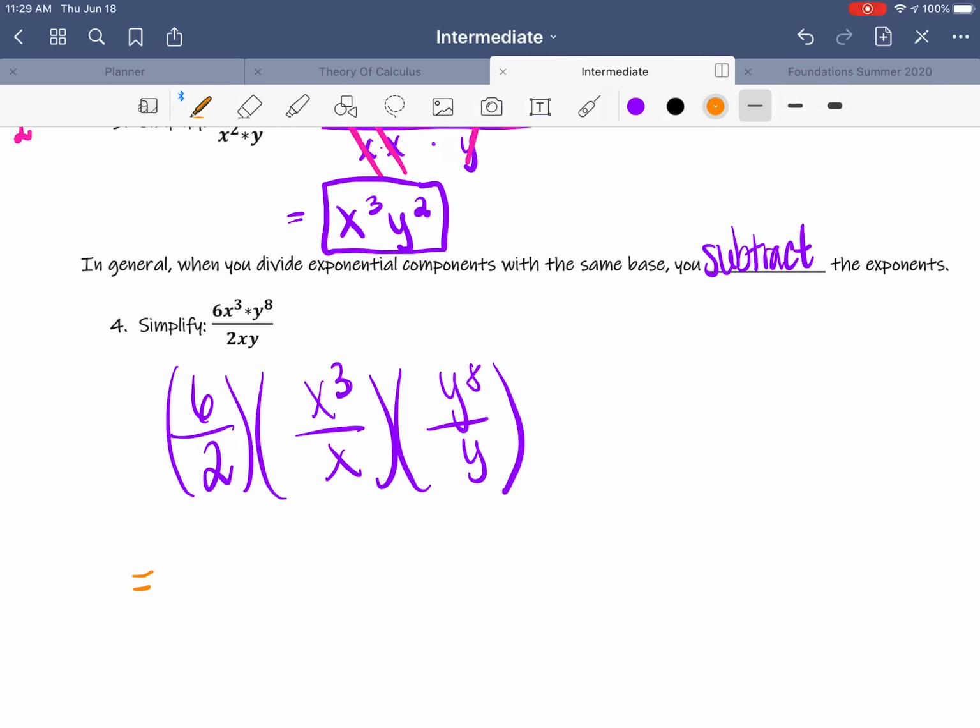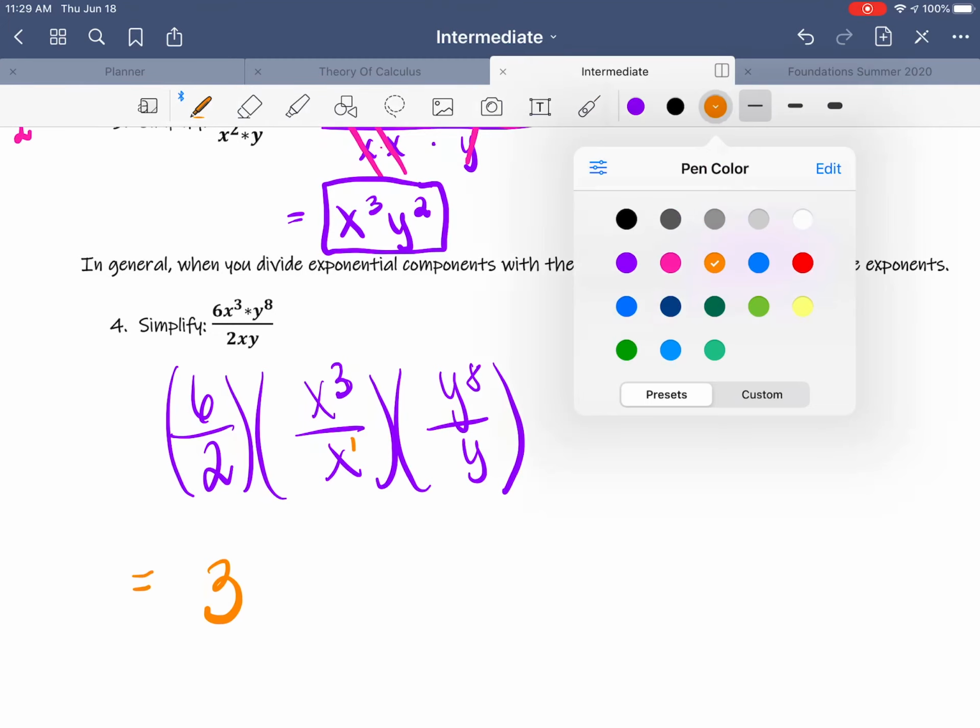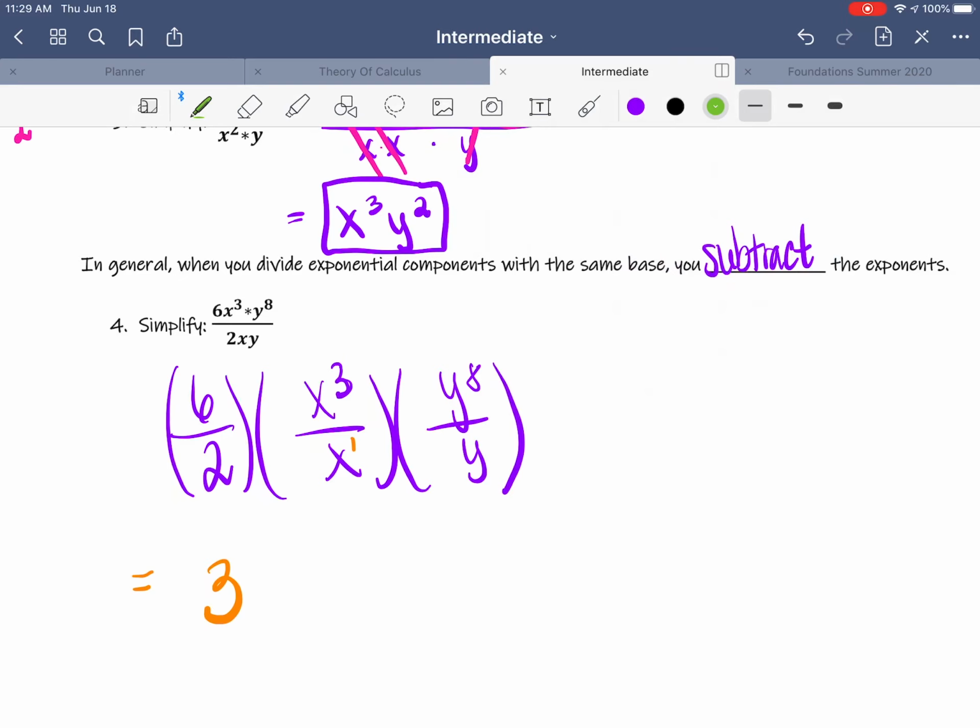We do actually divide 6 and 2. 6 divided by 2 is 3. And then here, this is a 1. It's not written, but it is a 1. We're going to use the shortcut, and if you notice when I circled that, it looks like 3 minus 1, which is 2.